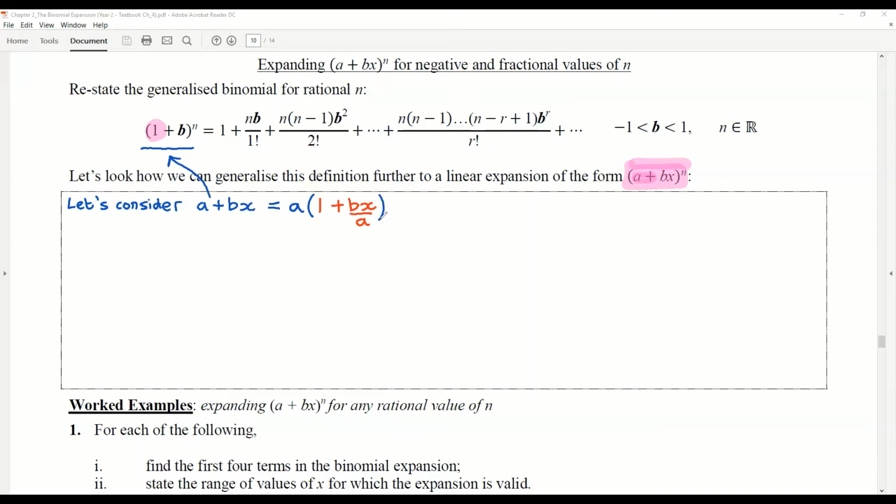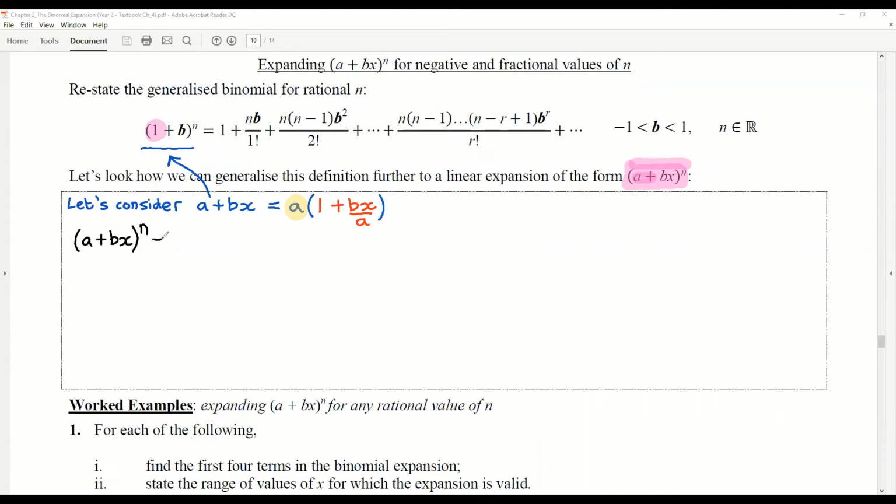So this puts us in a similar position now. We've got the 1 that we wanted. What we have now got is this extra factor of a multiplying the whole bracket. Well, that's okay. We can deal with that in the binomial expansion in a moment. So let's now consider what happens when we expand this to some power n. So what about a plus bx to the power n?